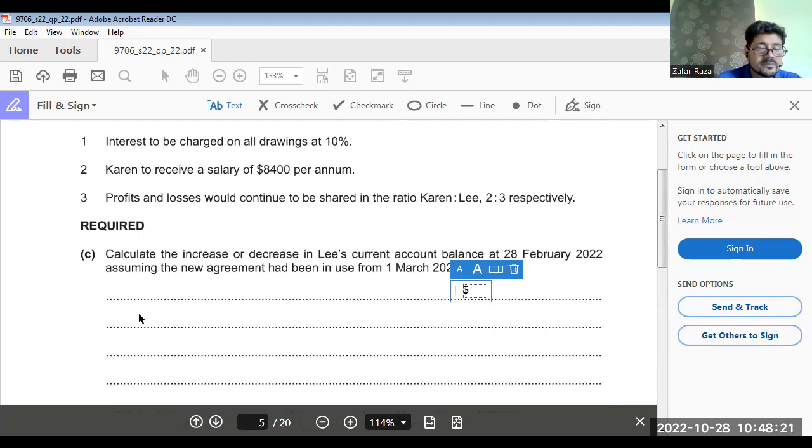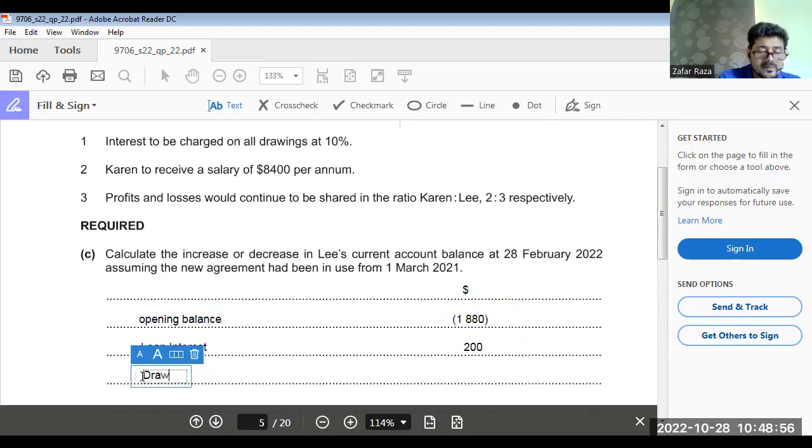Now, opening balance in current account was 1,880 debit, so it will be taken in brackets, 1,880. Now, loan interest is going to be added because it is going to be credited. Then drawings, 19,900, are going to be deducted or debited.